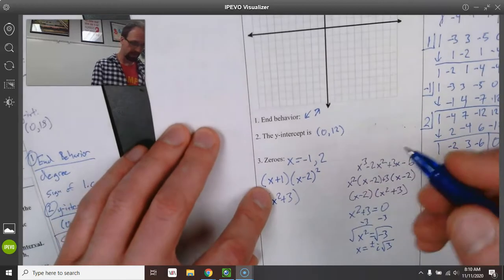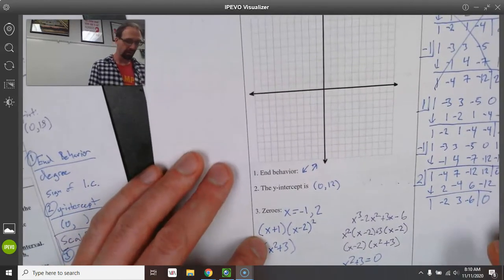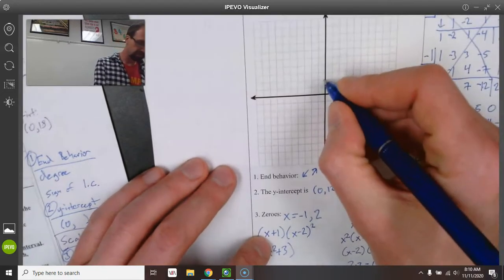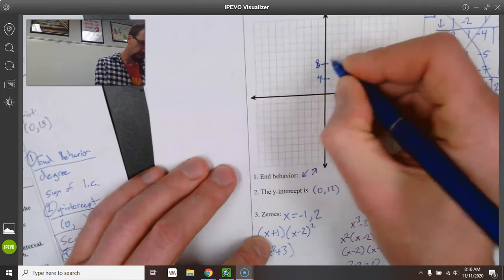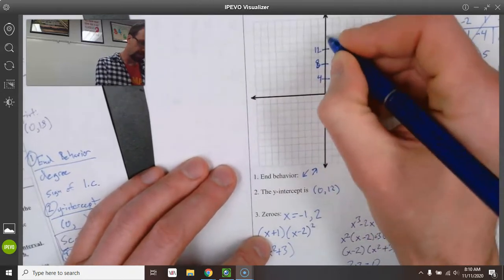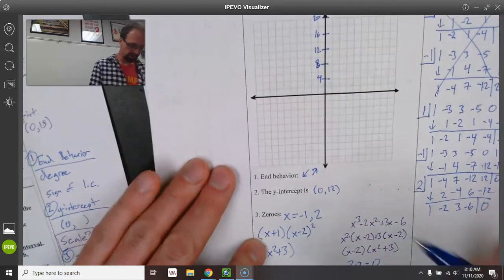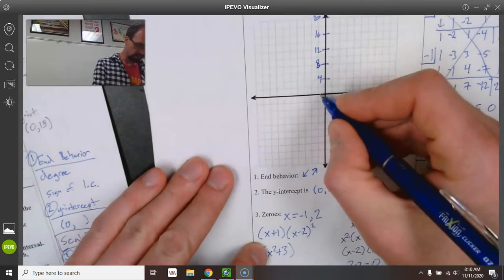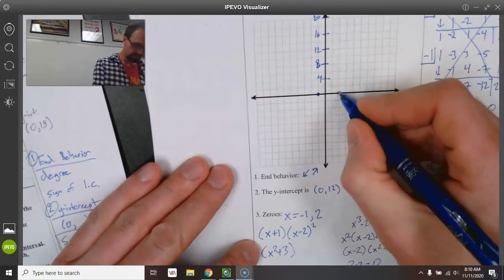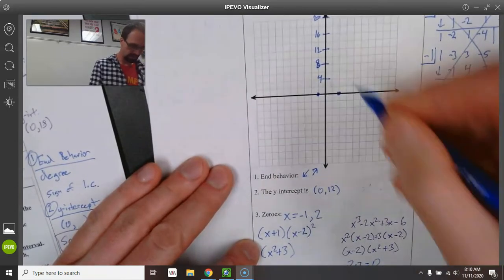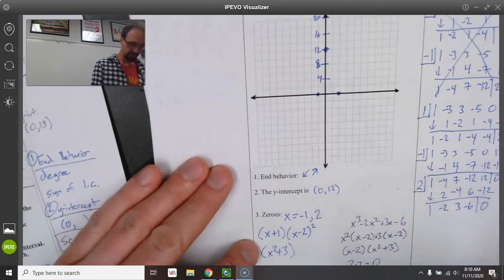So this is going to be at -1. Again, my y-intercept is at 0, 12, so that means I'm going to have to go by 2's again. 2, 4, 6, 8, 10, 12, 14, 16, and then 20. And then -1 here, and then 2, and then +12, and then it's going to go down and then up.